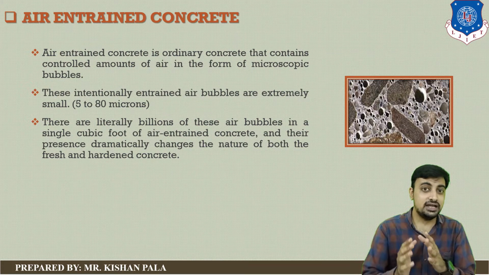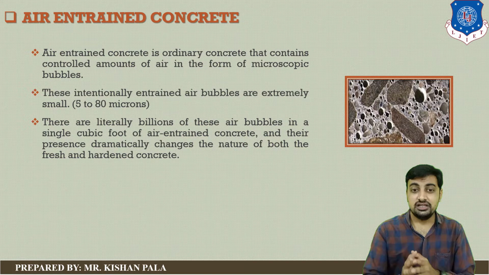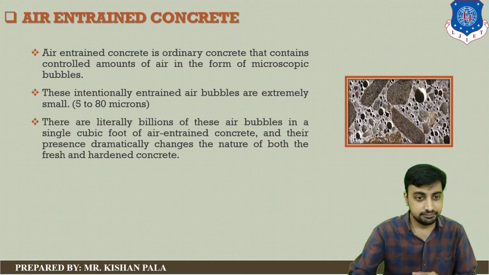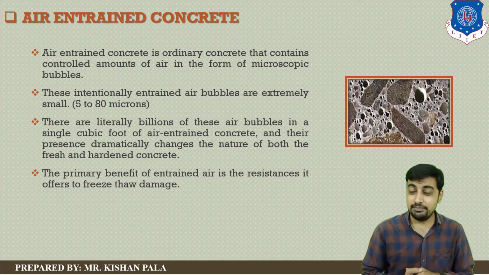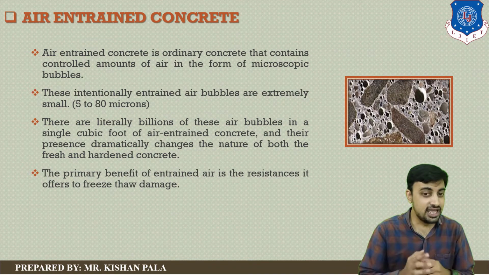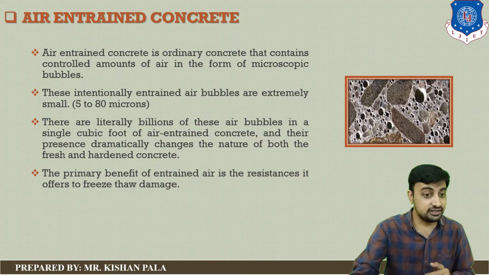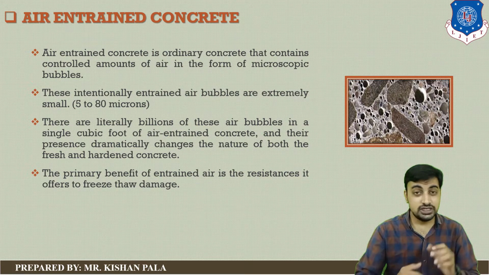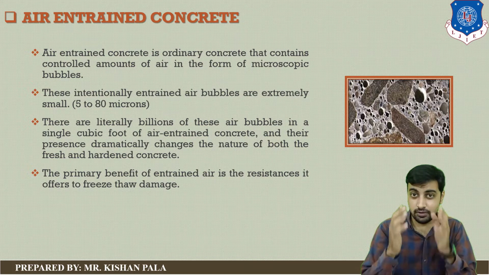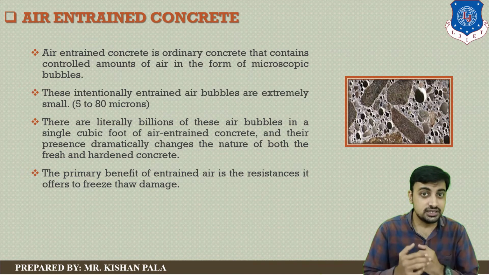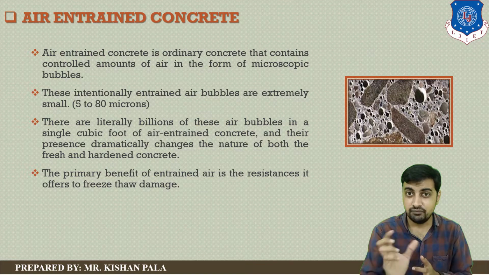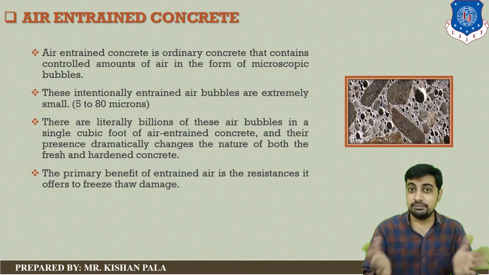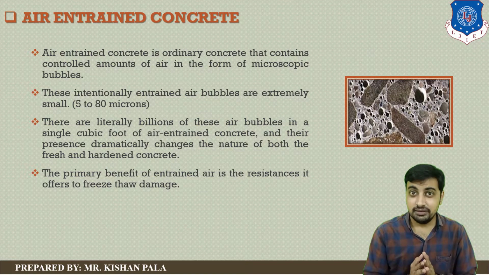Their presence dramatically changes the nature of both the fresh and the hardened concrete. The primary benefit of entrained air is the resistance it offers against freeze-thaw damage. So this provides your concrete mass resistance against the freezing and thawing effect, which occurs due to changes in the temperature of the concrete mass.